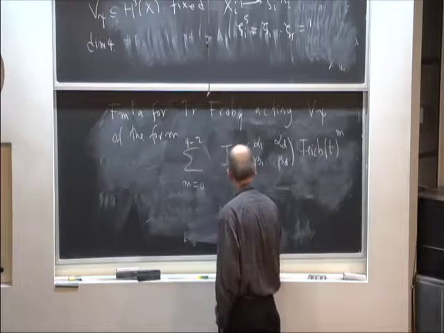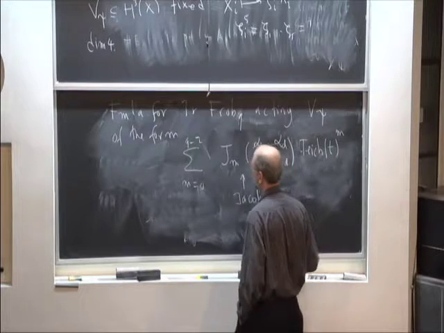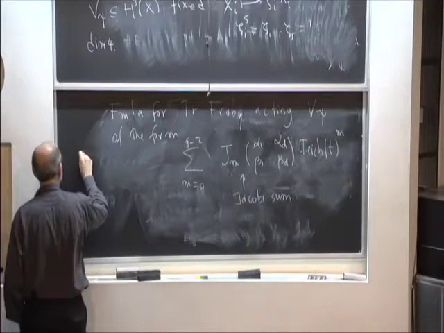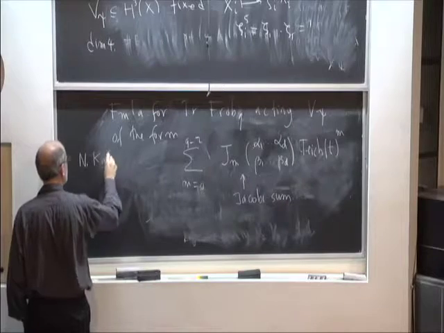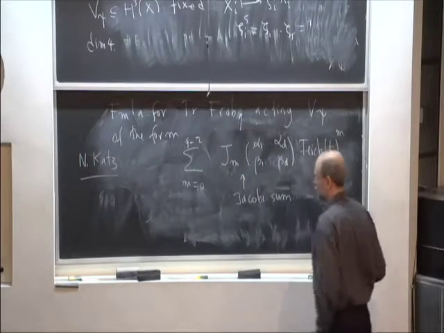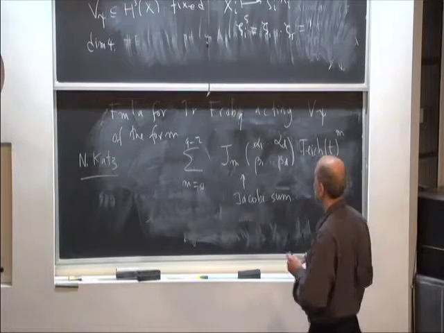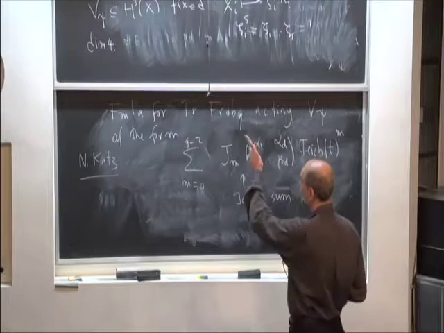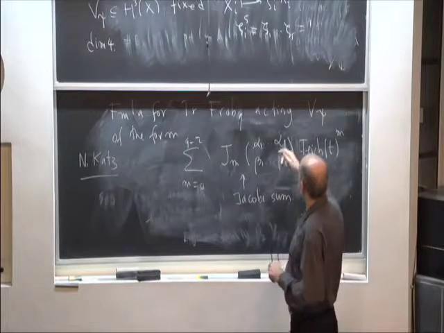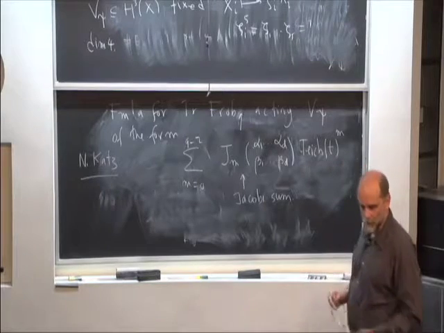So this is a Jacobi sum, and this precise form of this is something that Nick Katz wrote in one of his books. So what I'm claiming here is that there is a formula to compute the trace of Frobenius acting on this space V psi, for example. Now the alphas and betas will have to be the ones for that case.